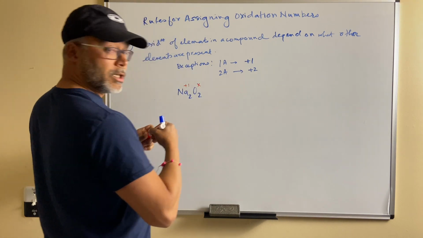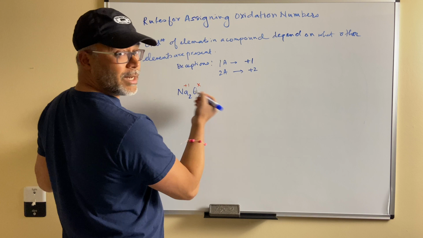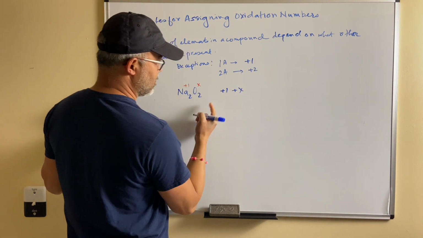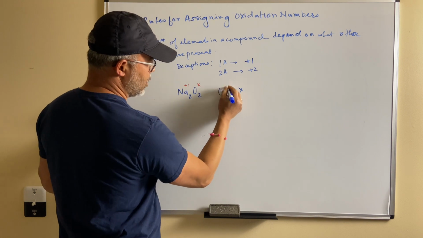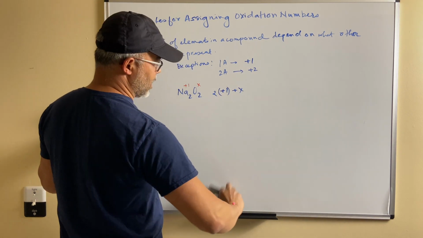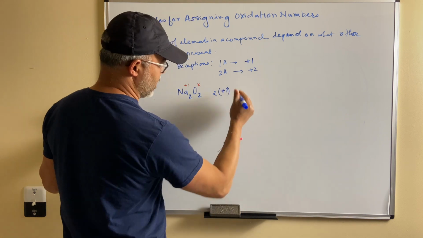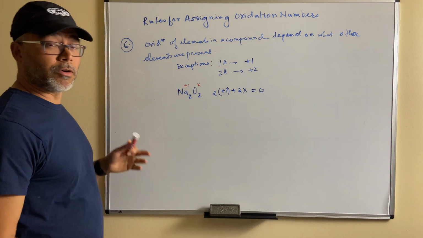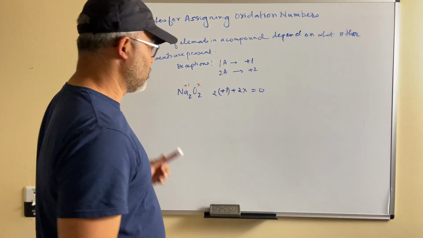So the simplest way to go about this is to write an equation in X. So we have +1 plus X, but see, there's 2 sodiums, right? So we're going to multiply that by 2, and there's 2 oxygens. So we're going to multiply the X by 2, so let's rewrite that a little differently. So that's 2X, and that equals 0, because that's the net charge of the molecule.